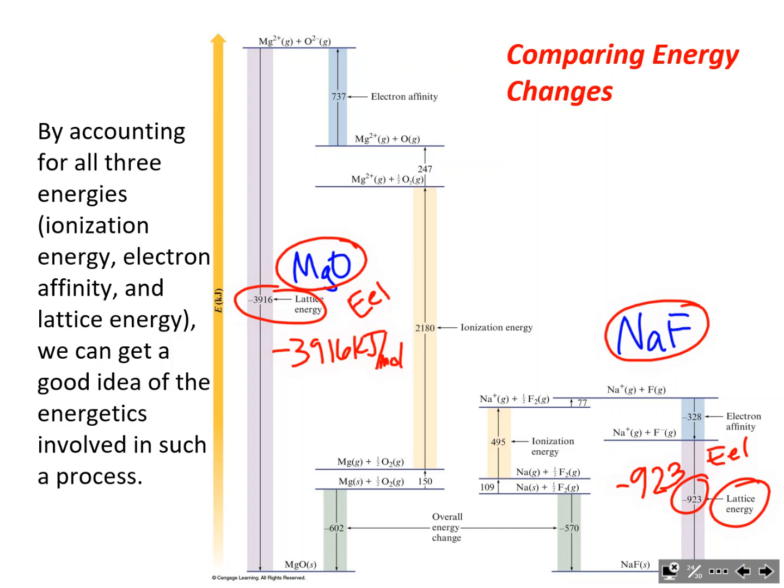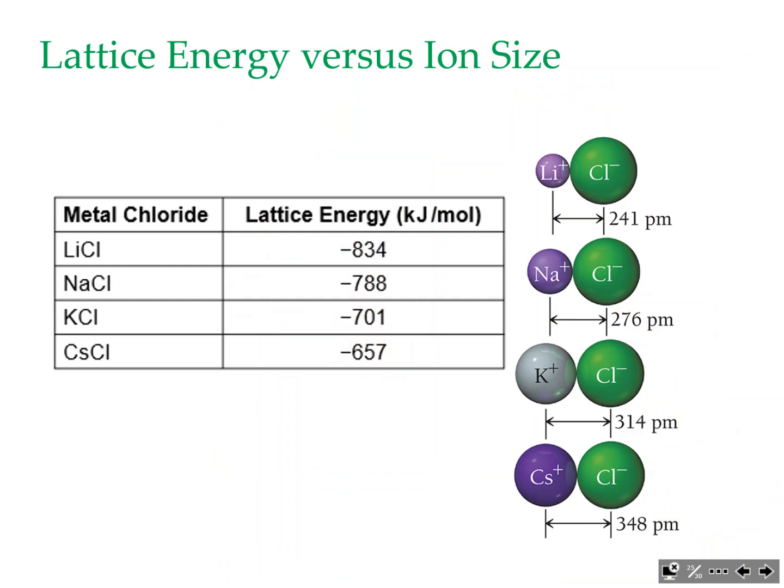What we really have to compare here is using our equation for proportionality reasons. So, lattice energy versus ion size. We know that our EL, yes, there's a constant, but it's Q1 Q2 over distance. Here, if you look at all of these, all of them are +1, -1.